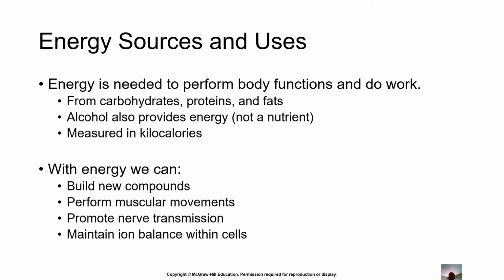Alcohol does not meet the definition of a nutrient. There are no deficiency diseases that show up if we don't include alcohol, but it is certainly a source of calories. So we will measure calories in the scientific kilocalorie.